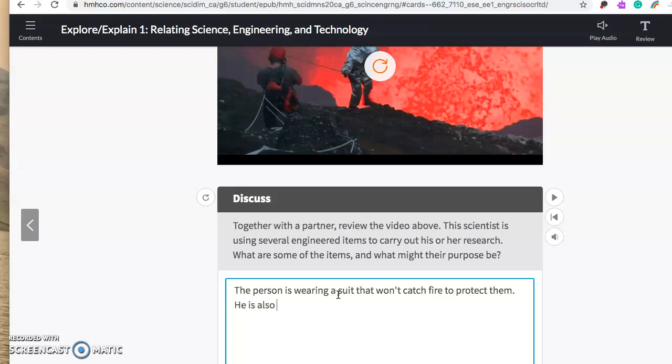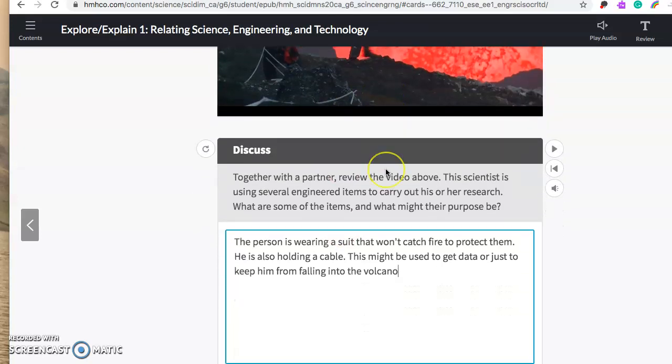He is also holding a cable. This might be used to get data or just to keep him from falling into the volcano. So even just looking, we can see that.